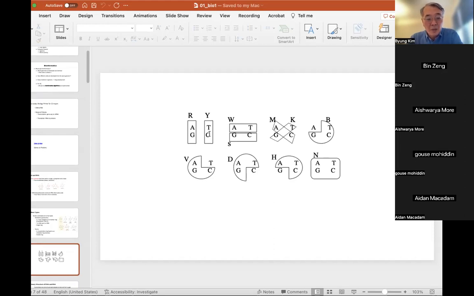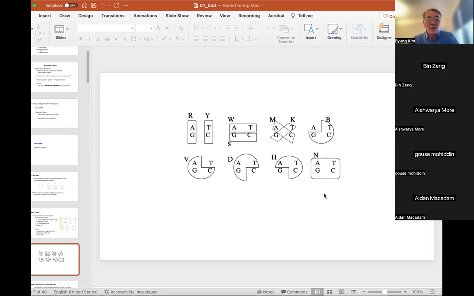If you don't distinguish T and C in the pyrimidine, then you can group them and call them Y. And sometimes you need to group A and T together, and if you do, it's called a W, and S for GC.